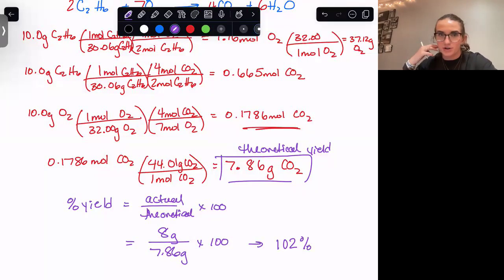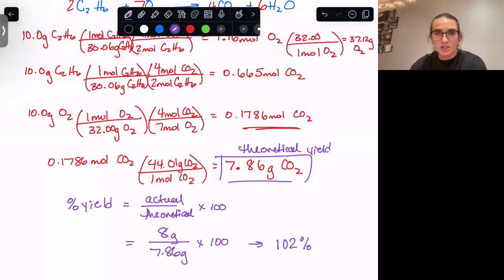Right, we get about 102. Yep, perfect. About 102% yield.